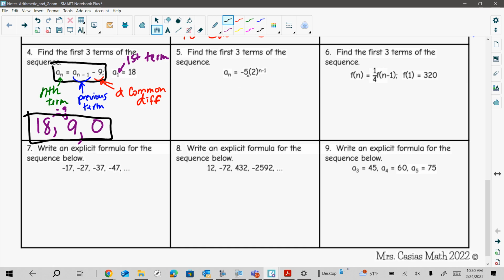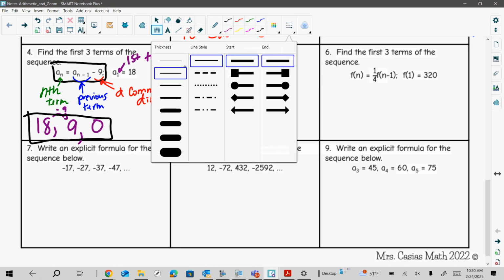Okay, so here, this is the formula. Here are the parts you need to understand. For an explicit one, I know this is geometric because there's multiplication taking place right here. When I see that parentheses, that represents multiplication. So the way the formula looks, I'm going to write it above it.